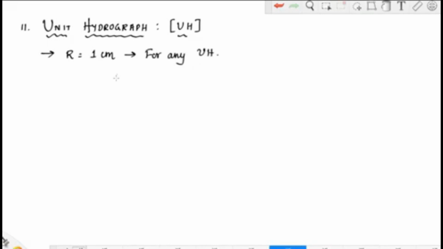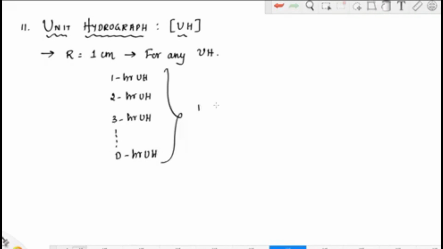That is, suppose if I take 1 hour unit hydrograph, 2 hour unit hydrograph, 3 hour unit hydrograph, continuously till D hour unit hydrograph, so for any unit hydrograph, runoff value will be always 1 centimeter.